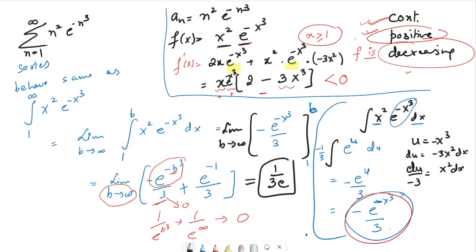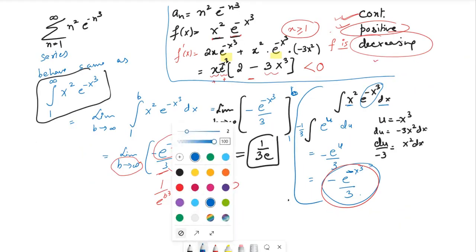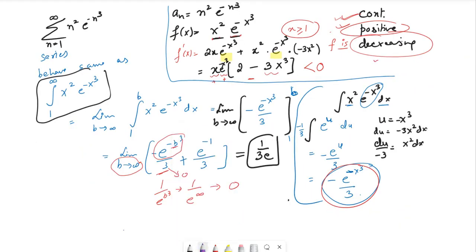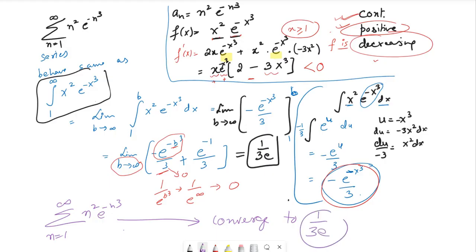Okay. This is about the integral, but we had to know about our series. We have covered all the conditions of the integral test. So the series is going to behave exactly similarly. So the series is also going to converge to 1 by 3e because the integral is converging to 1 by 3e.